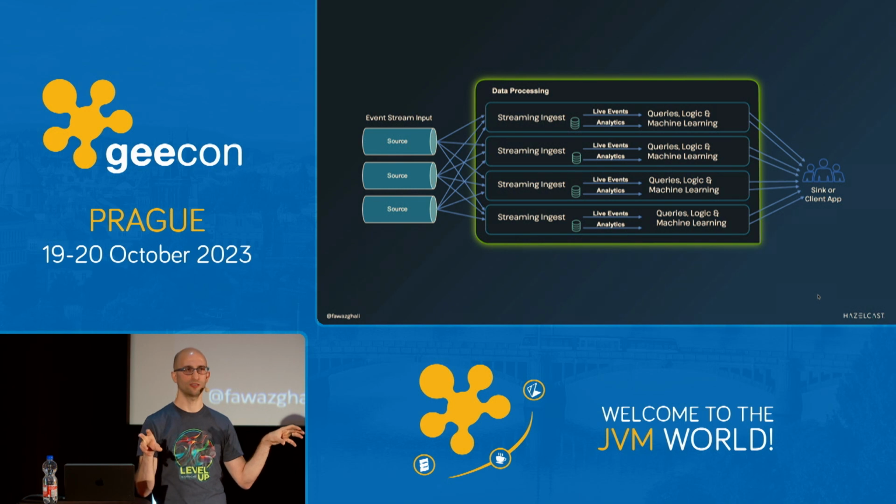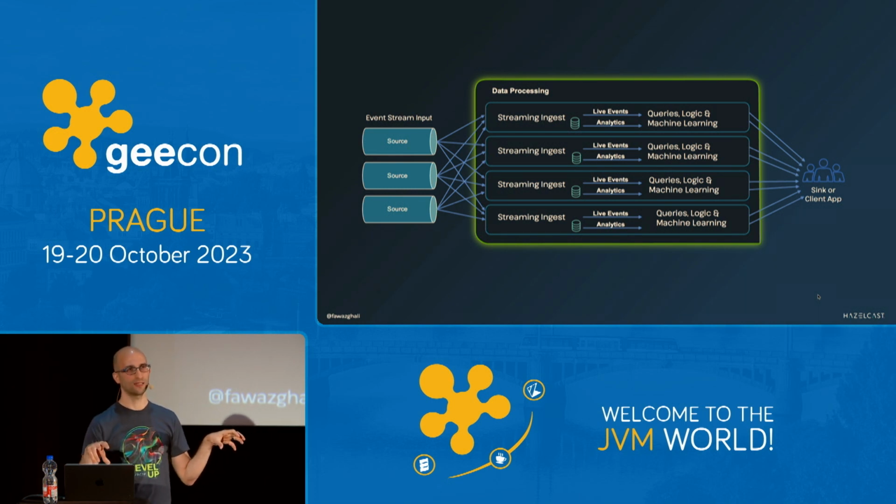So say, for example, I have a data center here in Prague and I have a data center in the UK. I want to have a microservice related to the data in Prague as close as possible to this data center, and the same thing for the data center in the UK, because I'm trying to minimize latency. And this will allow me to deal with multiple Kafka topics, as we'll explain.